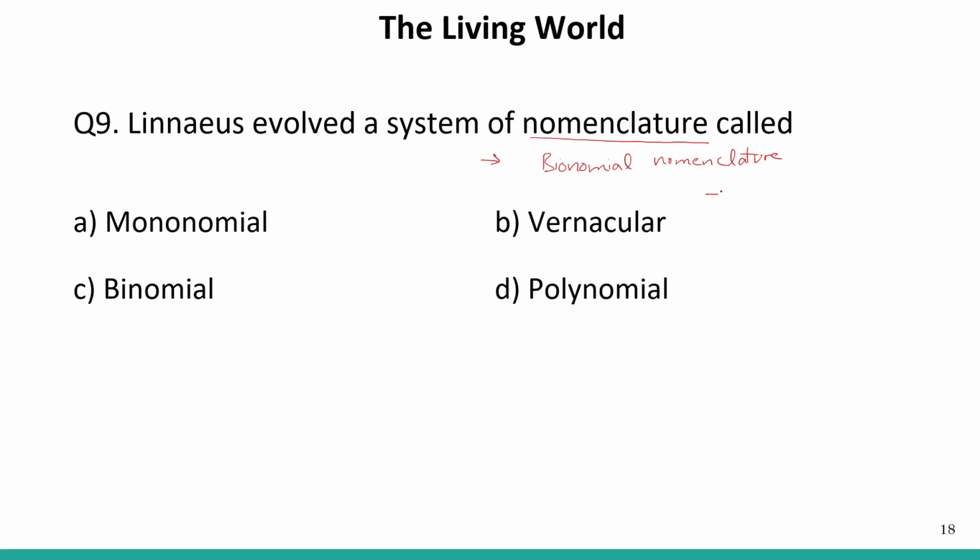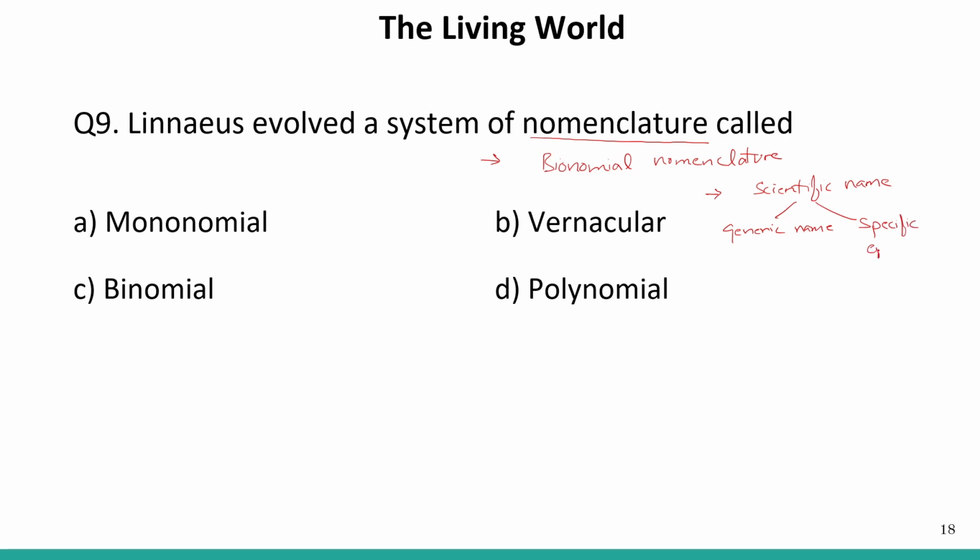And according to him, what are the rules of binomial nomenclature? First, every scientific name should contain two components. First is the generic name. Second is the specific epithet.